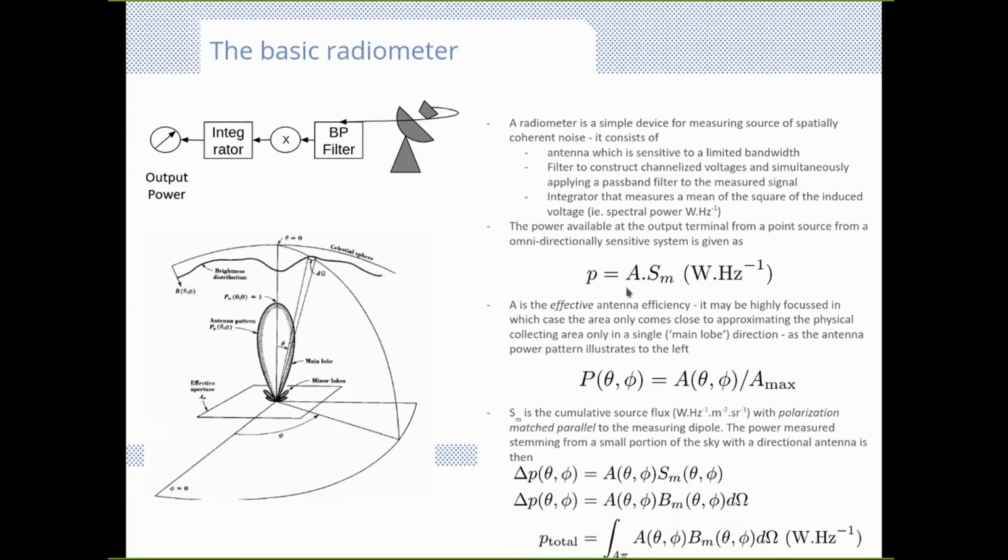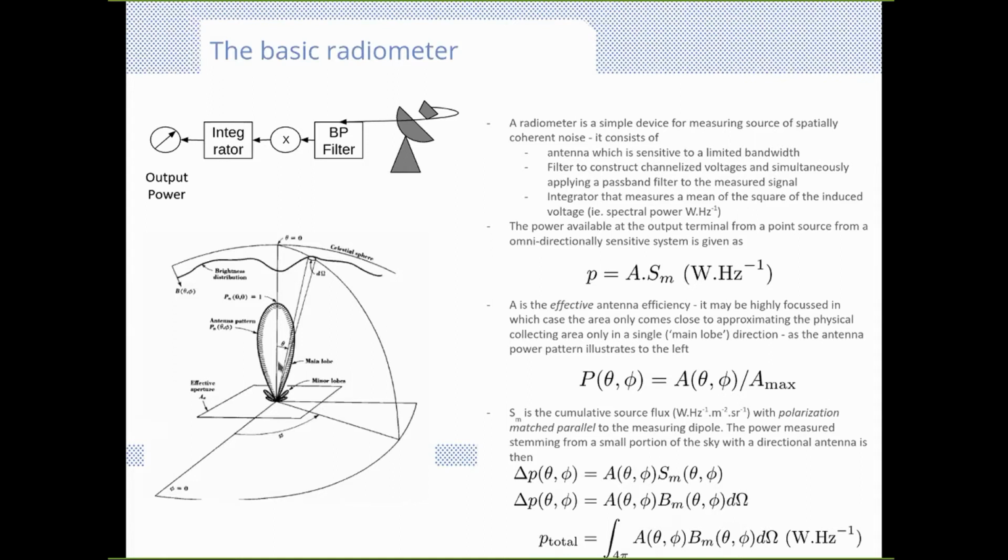I also need to note here that the source flux has this M suffix, which indicates that it's matched to the polarization of the measuring device. So the vertical polarization of this brightness is measured by a vertically polarized dipole on the ground.